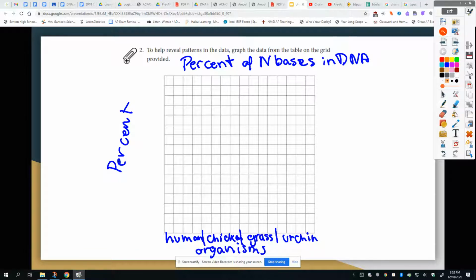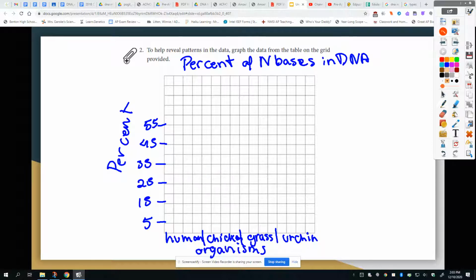My scale, whatever you decided your scale would be, 5, 15. Now, I know this looks kind of off, but it's really counting by fives by squares. So 5, 10, 15, 20, 25, 30, 35, counting by squares as we go.